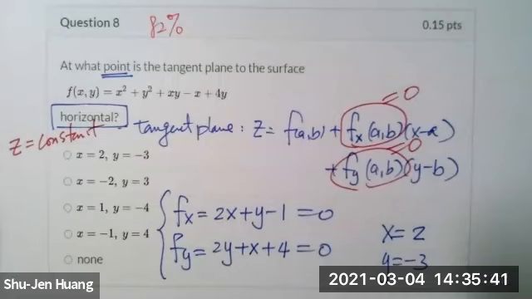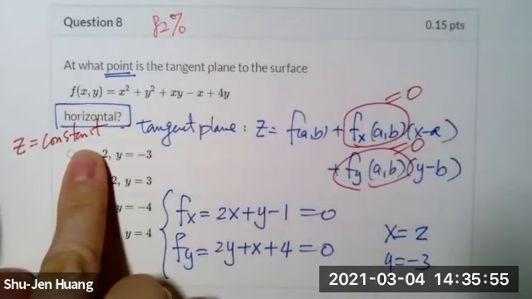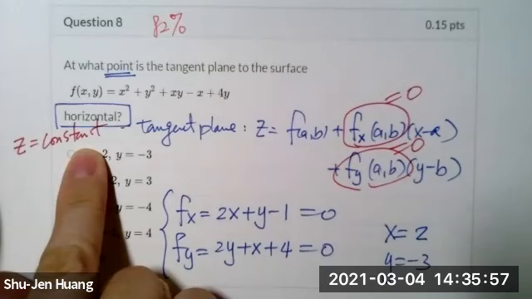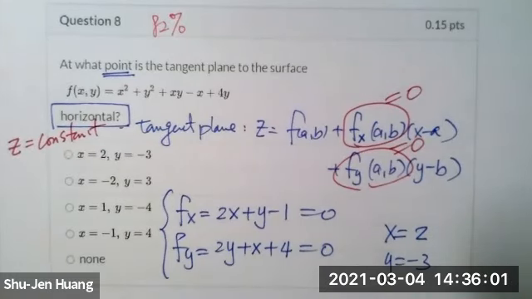Yes. But could you go over a little bit more why z is constant again? I understand that it's horizontal, but I don't understand how that impacts f of x and f of y. Okay. You know z equal to a constant is a horizontal plane, right? So that means there's no x variable and no y variable. Agree?